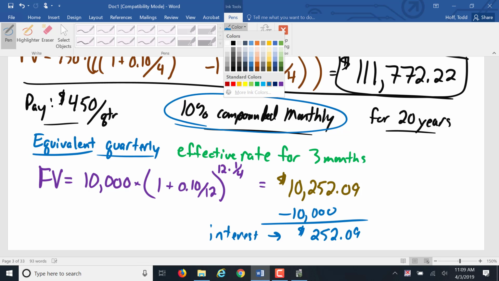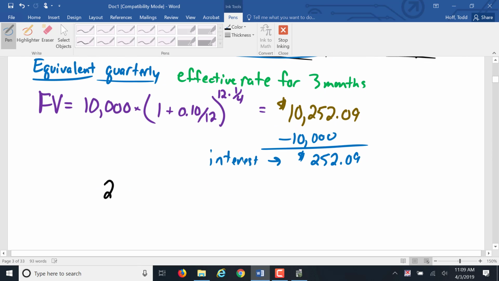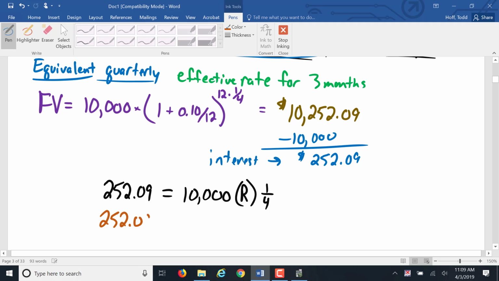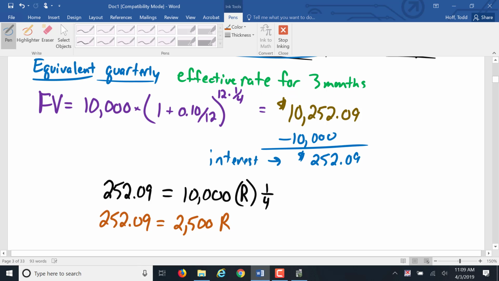So now to find the effective rate, recall we're going to go back to that I equals PRT formula, where the 252.09 is our interest. Our principal is still the 10,000 that we started with. We are looking for our rate, and our time is again a quarter of a year. So we'll combine 10,000 times 1 quarter is 2,500 times R, and we're going to divide by the 2,500.